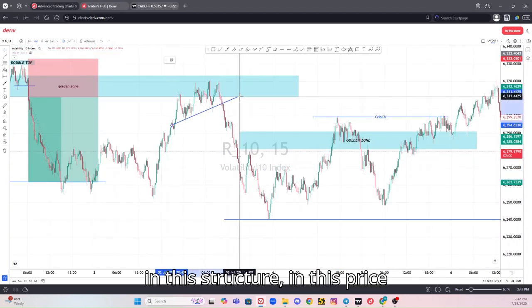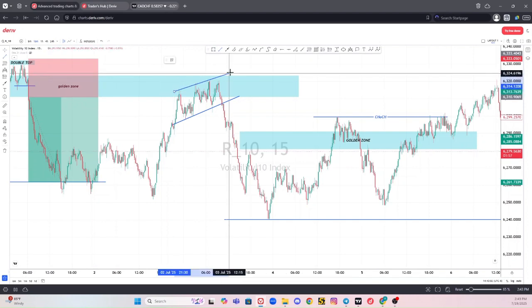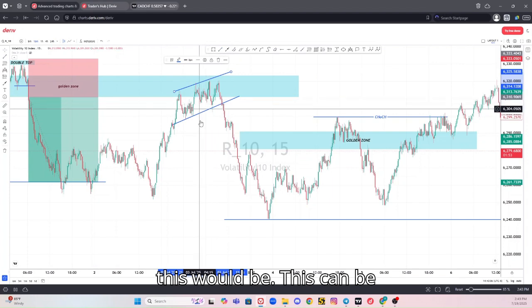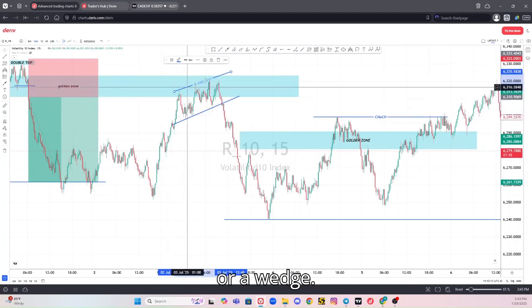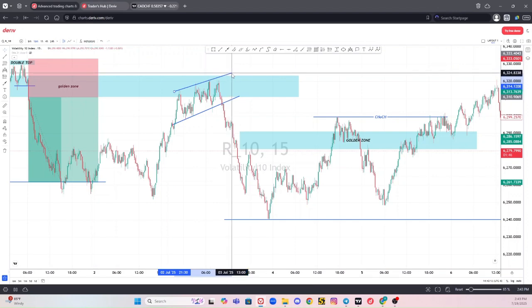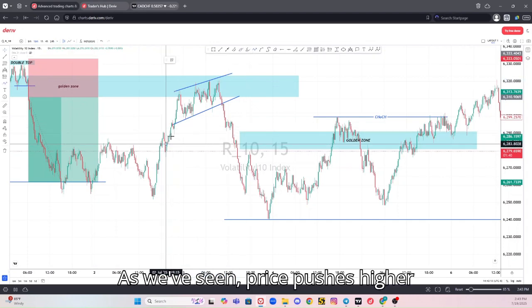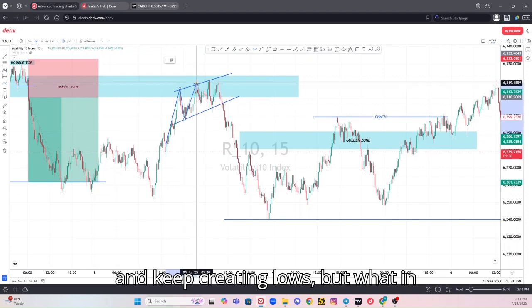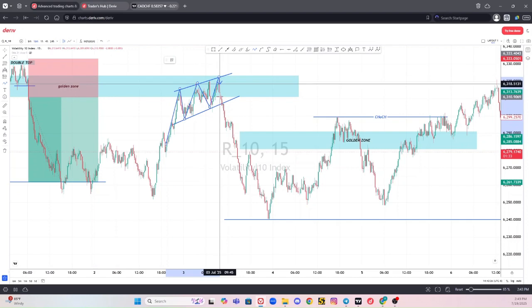In this structure, in this price pattern that we see, this can be identified as an M pattern as well, or a wedge. As we've seen, price pushes higher and keeps creating lows, but in this case, price has been converging, right?